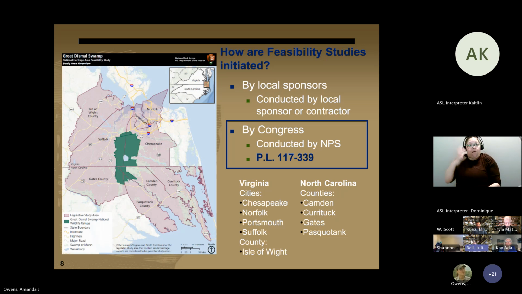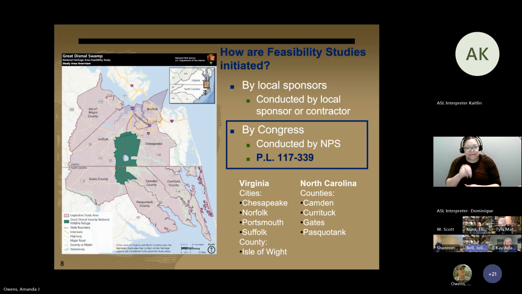So in January of 2023, Congress passed legislation asking us to look at areas in Virginia, including the cities of Chesapeake, Norfolk, Portsmouth, Suffolk, and the county of Isle of Wight. And in North Carolina, the counties of Camden, Currituck, Gates, and Pasquotank.